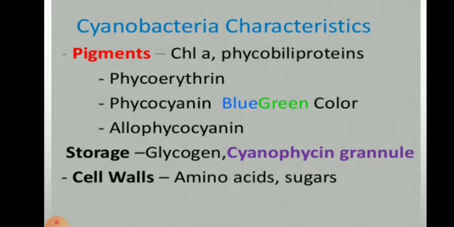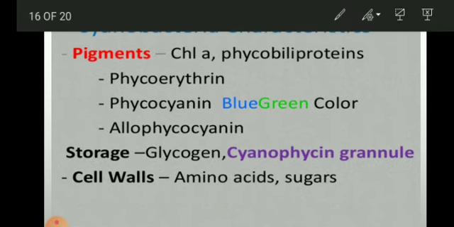Cyanobacteria have the pigments chlorophyll A, phycobiliproteins, phycoerythrin, and phycocyanin, the blue-green color, which is present in phycocyanin pigments.